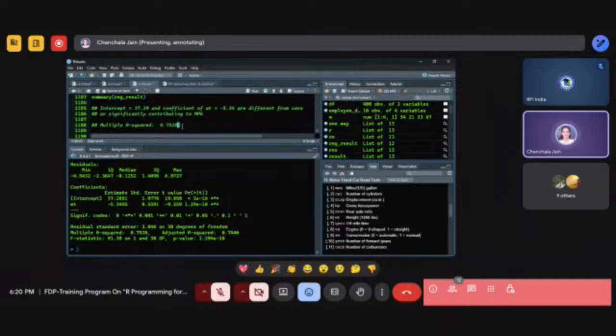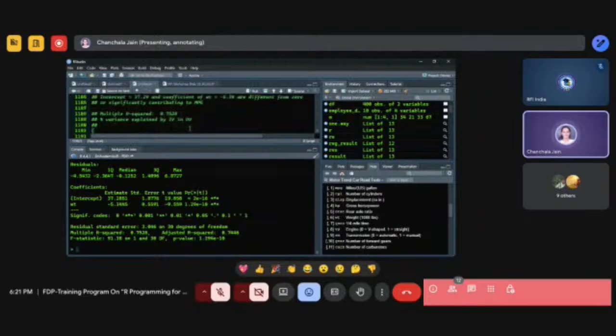Now what does this value say to us? Multiple R square says to us the percent variance explained by IV in DV. So I'll try to make it a little simpler for you.